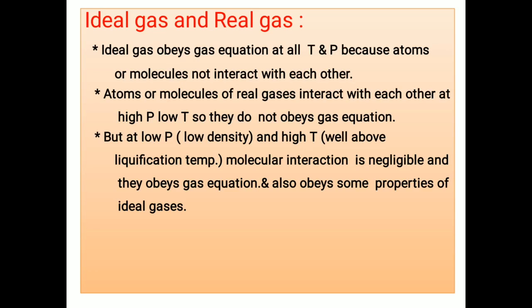But when we apply the gas equation for a real gas, like hydrogen, oxygen, nitrogen, or another gas, at high pressure, meaning the density of the gas is more or molecules are close to each other, and low temperature, it does not obey the gas equation, because in real gases molecules interact.